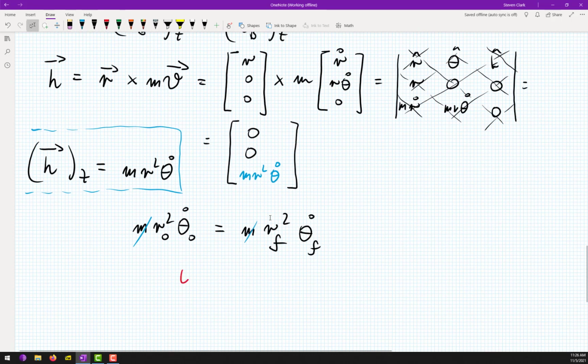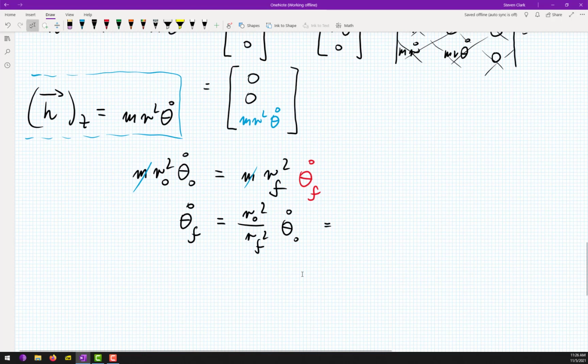So theta final dot is equal to r0 squared over r final squared, times theta0 dot. Plug in values. If I remember correctly, this is 0.5 squared over 0.25 squared. I forgot what theta0 was, I must scroll up the board.